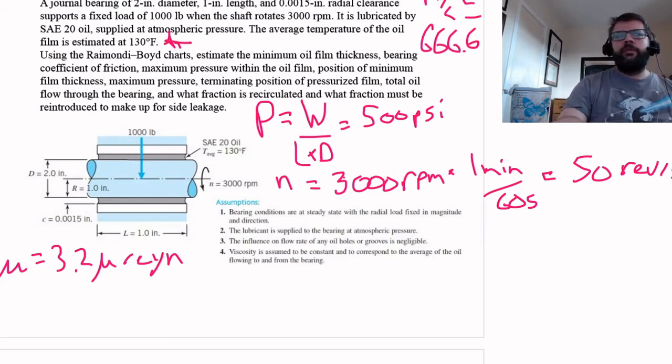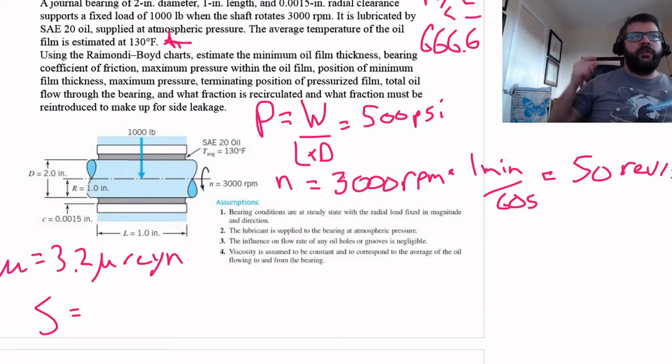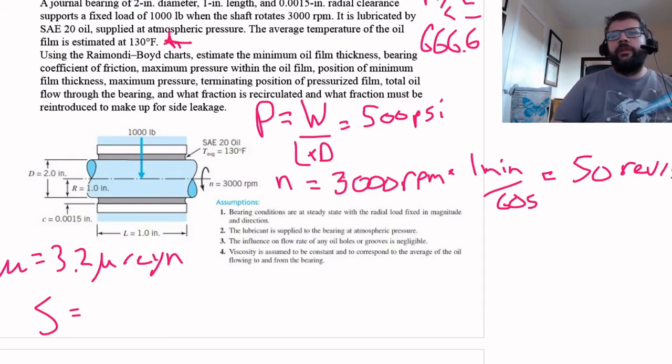So if we want to figure out our Sommerfeld number S, our bearing characteristic number, that is the viscosity times the rotational speed times the bearing pressure times the radius divided by the radial clearance squared.